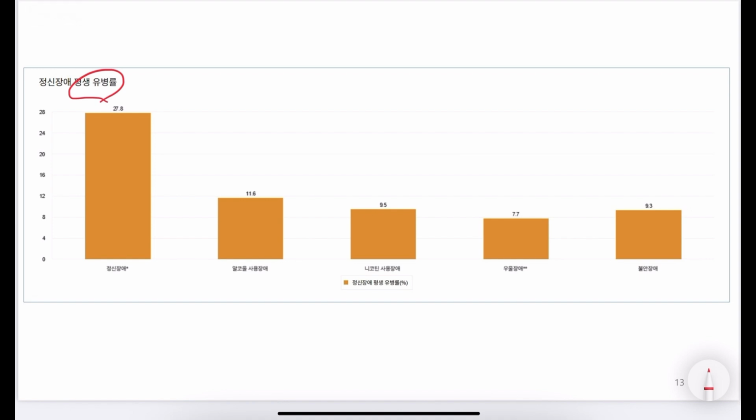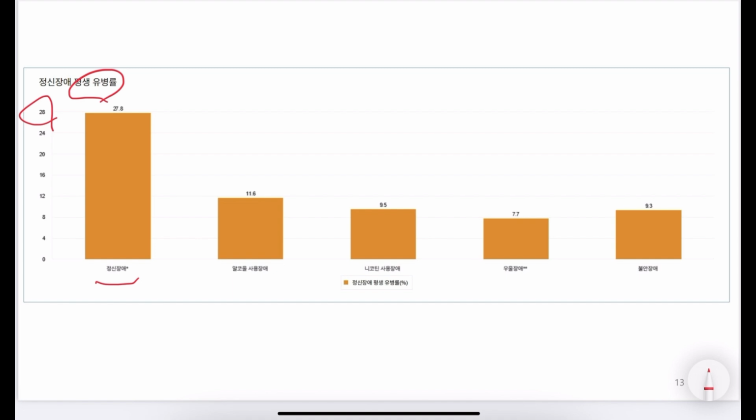Now let's take the lifetime prevalence. Overall, about 27.8% of people in Korea have experienced at least one mental disorder in their lifetime. That's roughly 1 in 4 people.